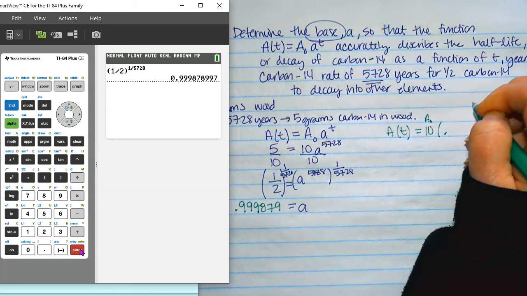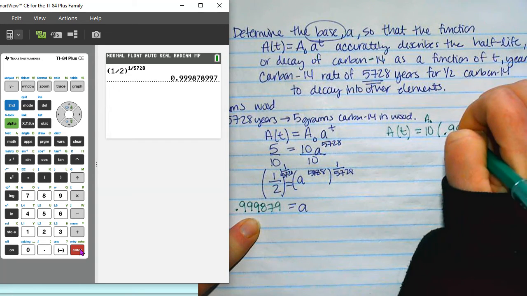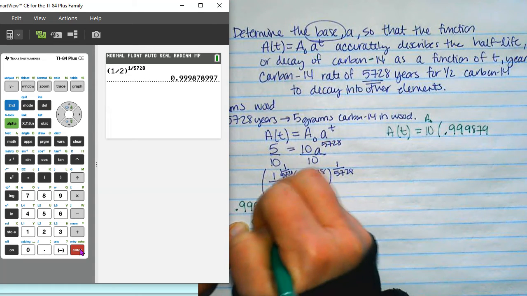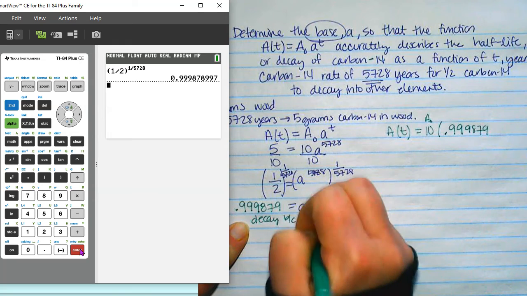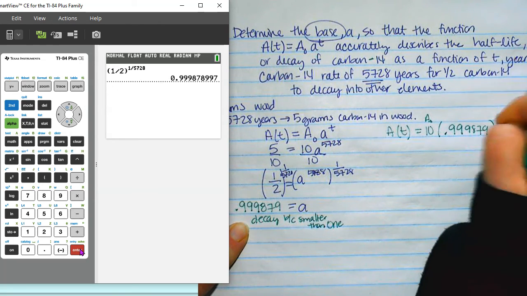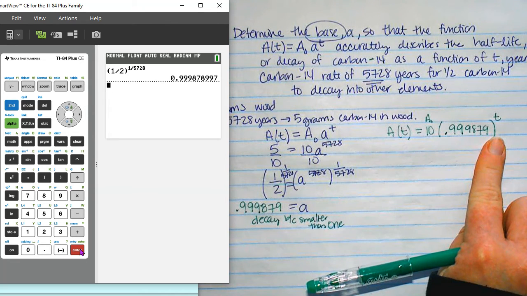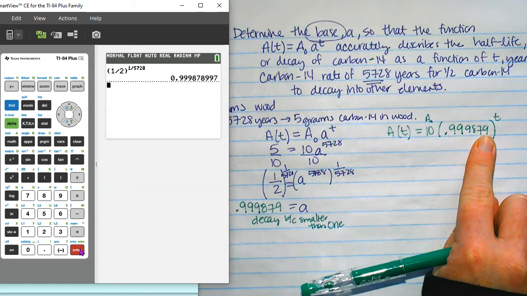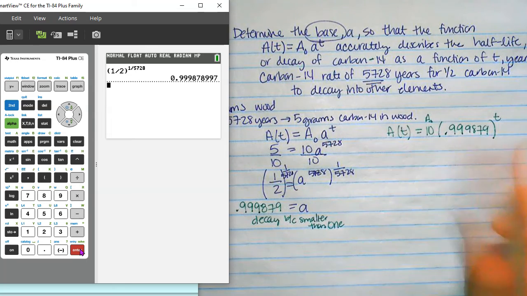The growth or decay factor in this case is smaller than 1, so this represents decay. To the power t. So this is putting it back into its function form. Initial amount times this. After this is at 0 years, this is what we'd have, 10.